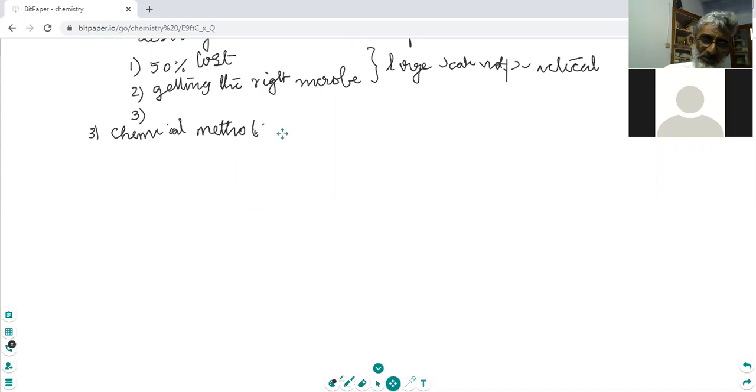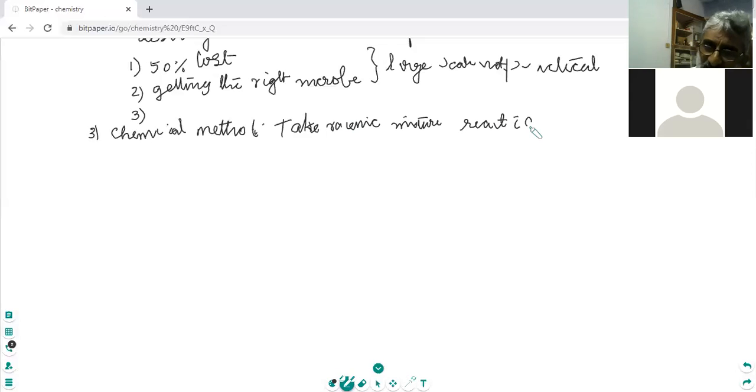You take your racemic mixture, which contains two enantiomers, and react it with an optically active compound.